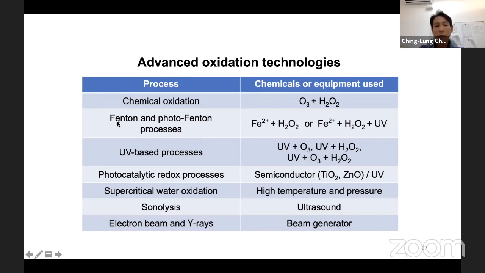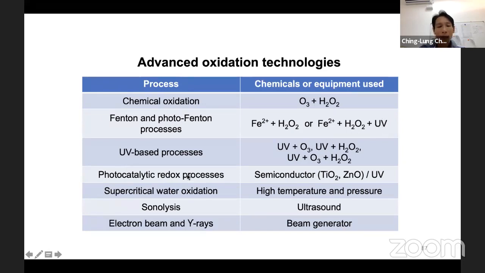For the Fenton process, they use a reagent of iron 2 mixed with hydrogen peroxide, so it will produce hydroxyl radicals. The hydroxyl radical is very active, so it decomposes the pollutants in the water. The photo-Fenton refers to the light: they use the Fenton reagent plus UV lights.